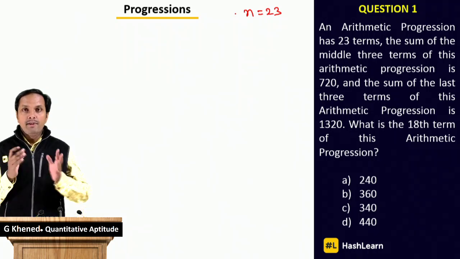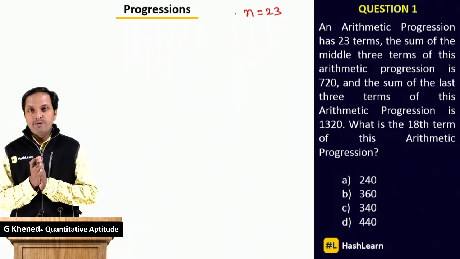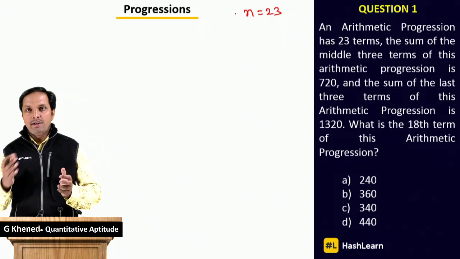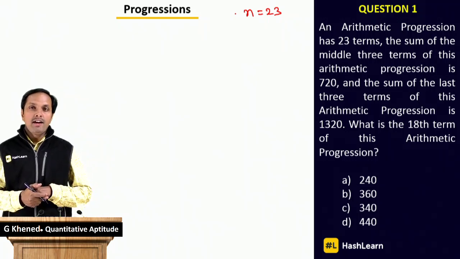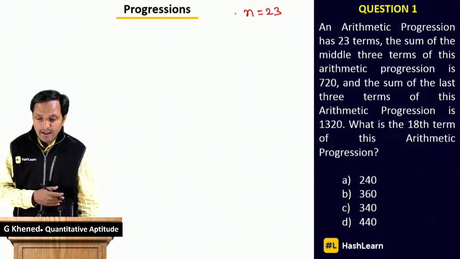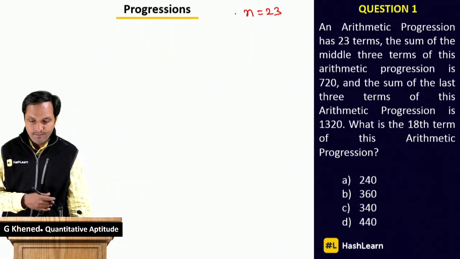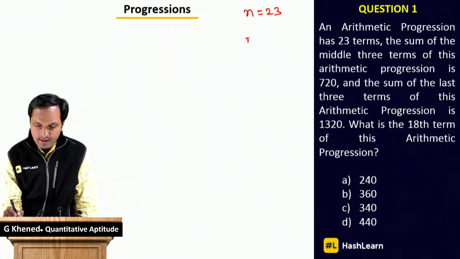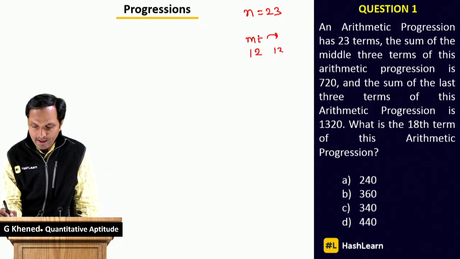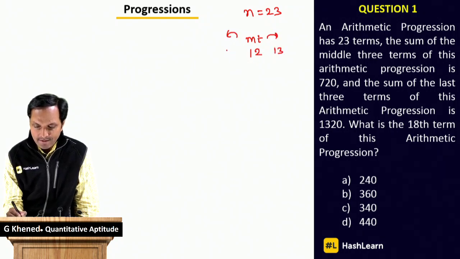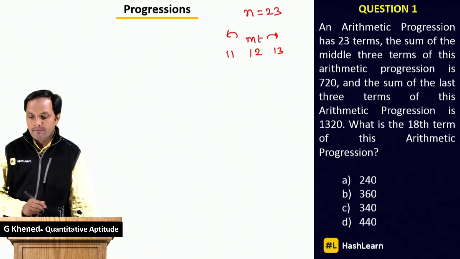You know that for 23, if you take 1, 22, 11 into 2 is 22, the middle term will be the 12th term. Your middle term is the 12th term, and after that is the 13th one, and before that is the 11th term.